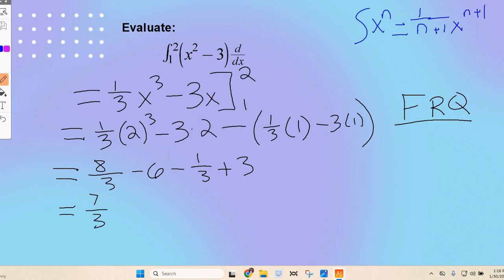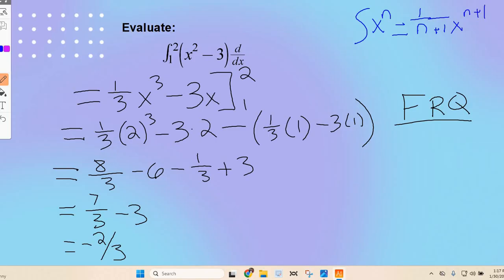And then negative 6 plus 3 gives us negative 3, and our common denominator would be 3. So I would have 7/3 minus 9/3, which is going to give us negative 2/3.